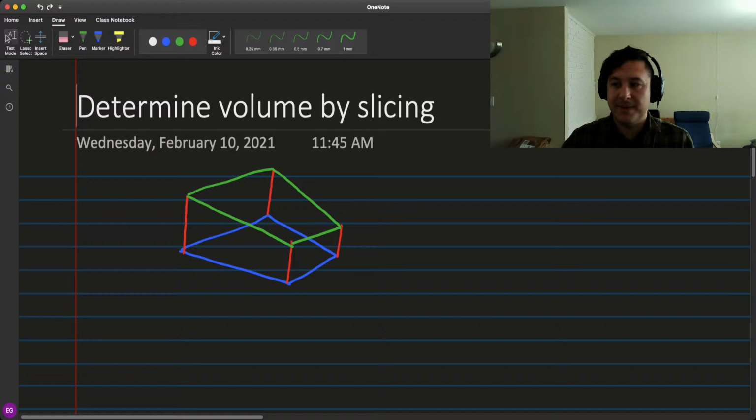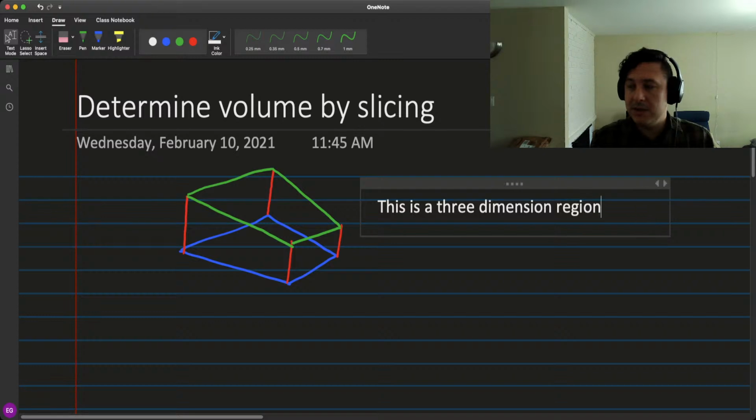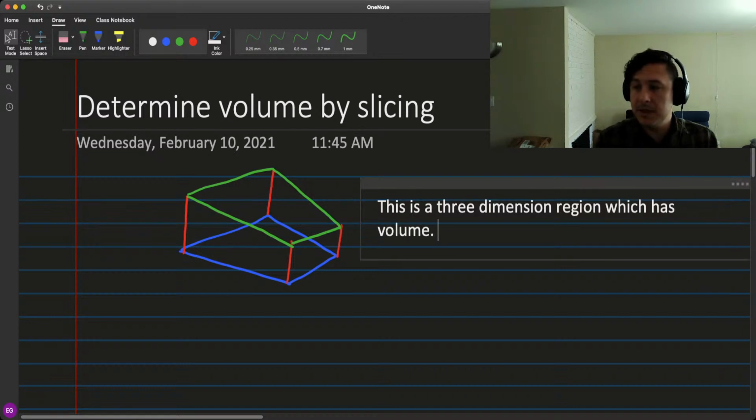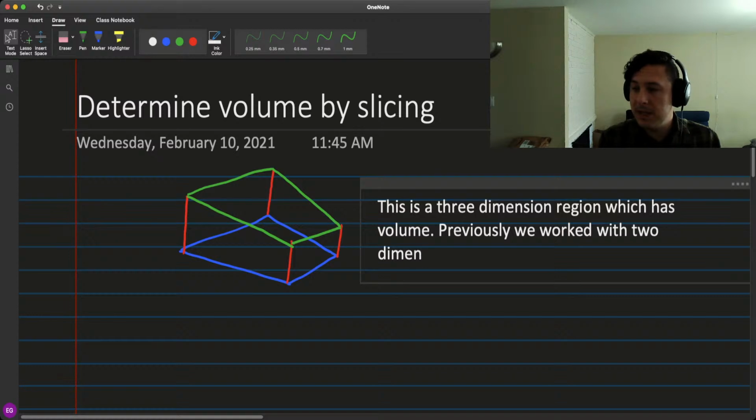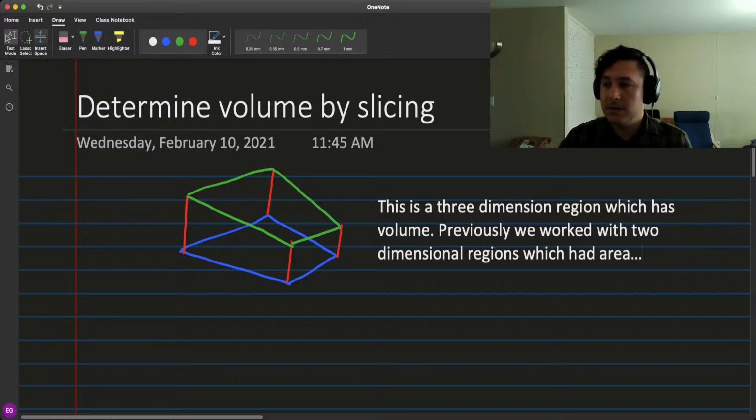We were dealing with two-dimensional regions before, which had area.